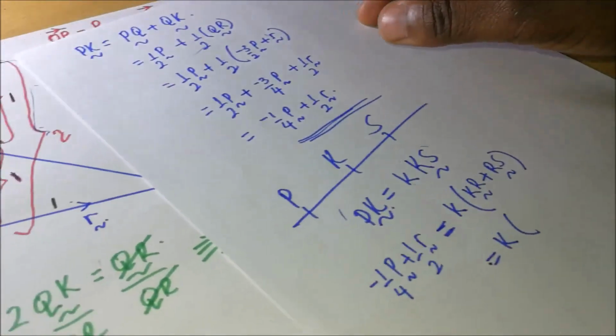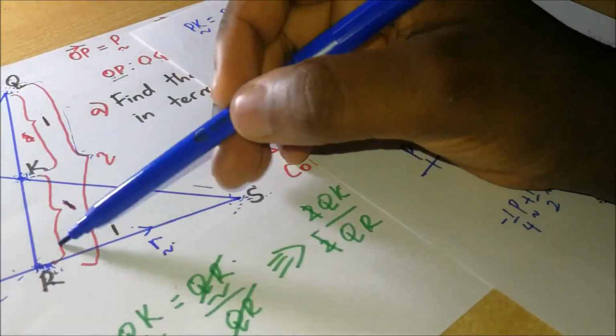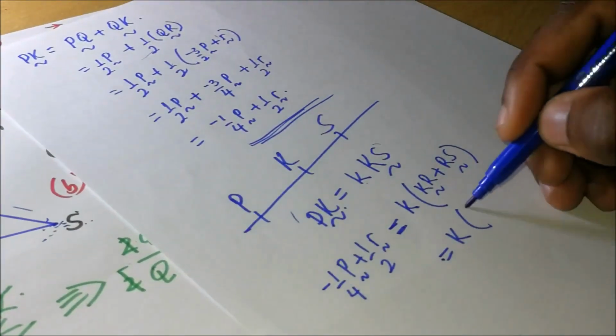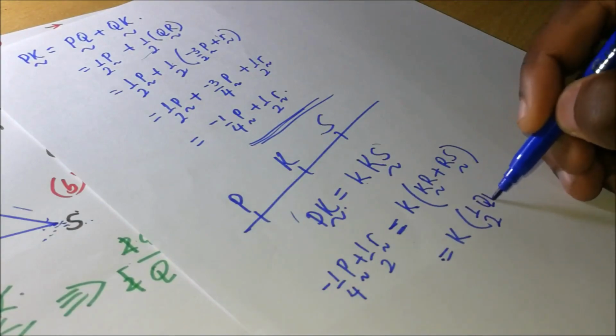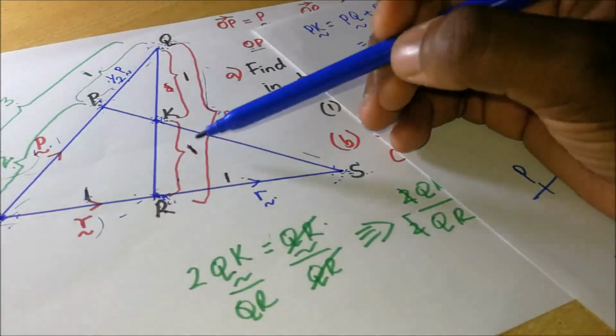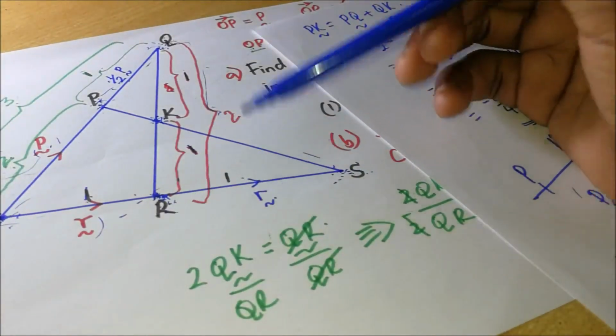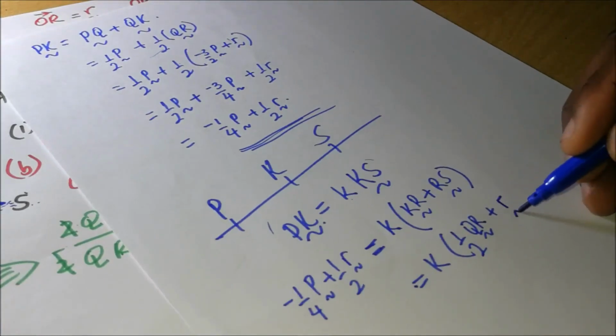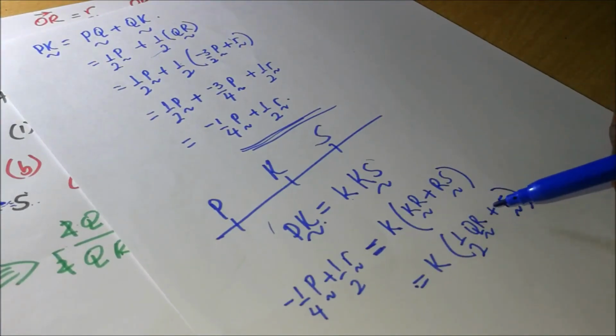If I come to my diagram, KR is a half of QR. So KR is a half of QR plus RS. If you come here, RS is R. So RS is R.